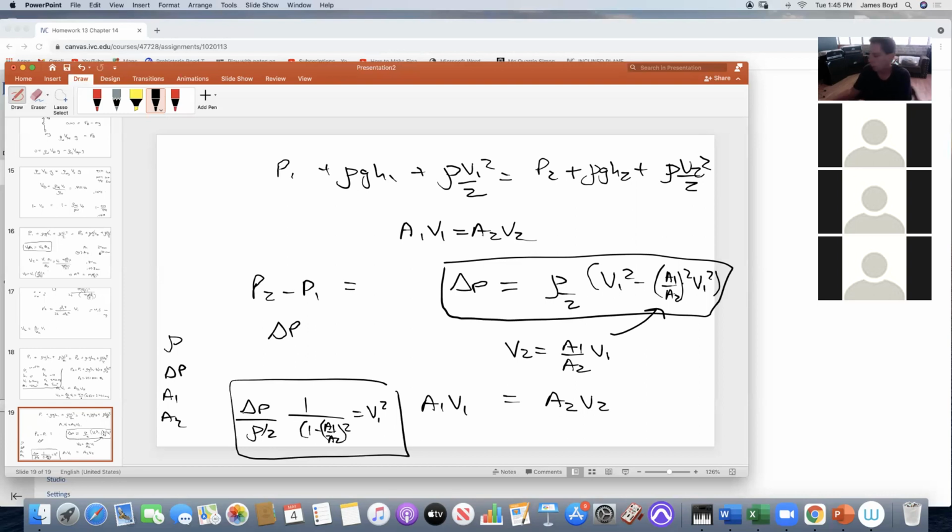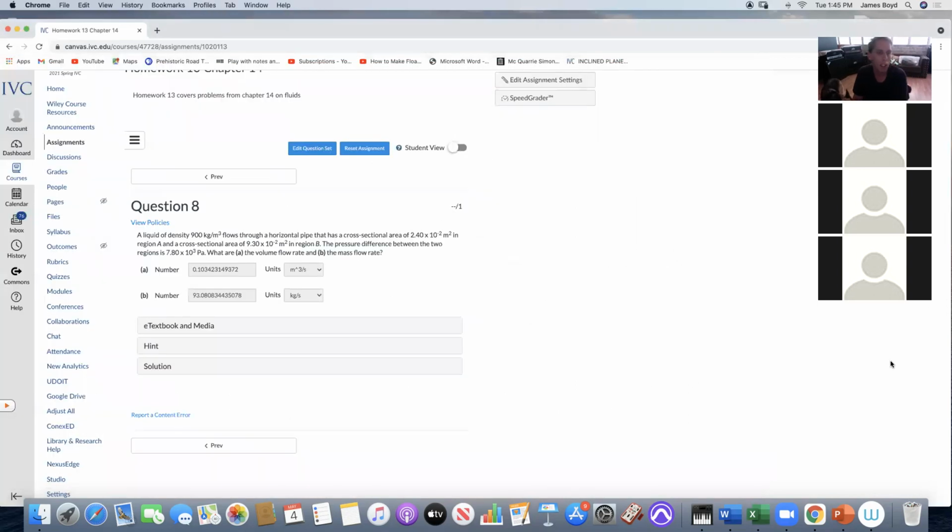So delta P is 7.8 times 10 to the third, divided by half the density, 450, and then divided by 1 minus A1 over A2 squared, so 0.024 divided by 0.093.